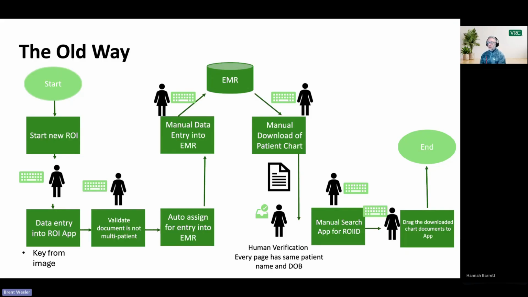They then need to verify every page, the patient name and date of birth on each. And then they need to open up the release of information section, put in the ROI ID, and drag in the chart items. So that's the end-to-end process. And as you can see, lots of people in that process.